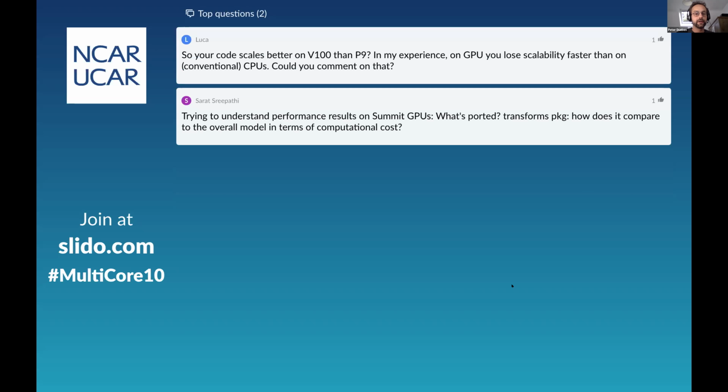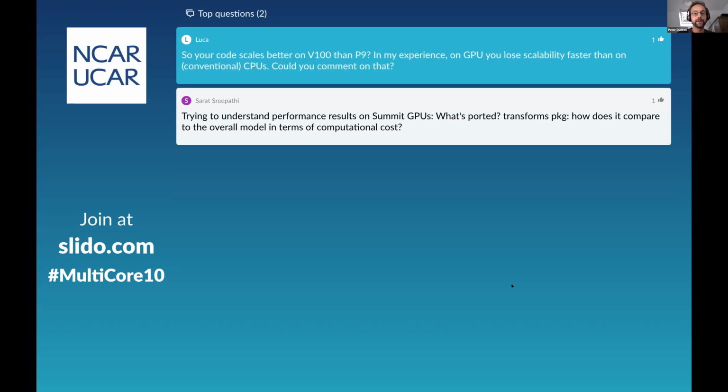So Luca is asking: your code scales better on V100 than P9. In my experience on GPUs, you lose scalability faster than on conventional CPUs. Could you comment on that? This was basically for the Legendre transformations, where you have a large number of matrix-matrix multiplications.